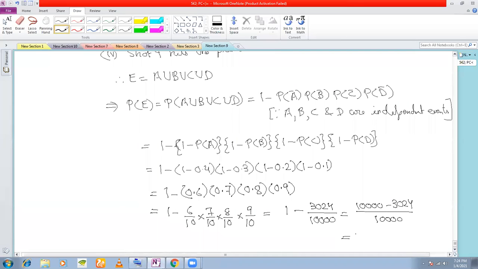Which is equal to 6976. Which is equal to 0.6976. That is your required probability. Clear with this?